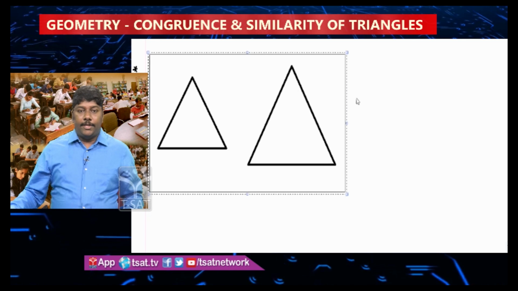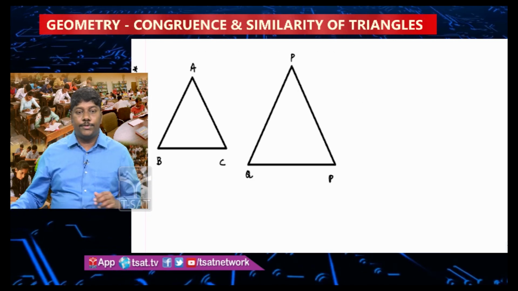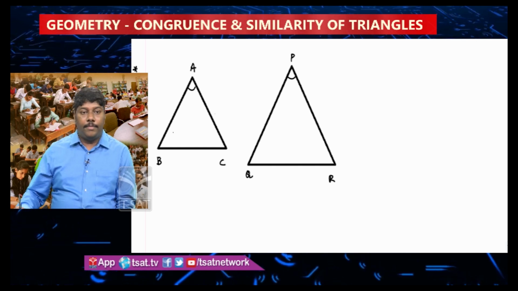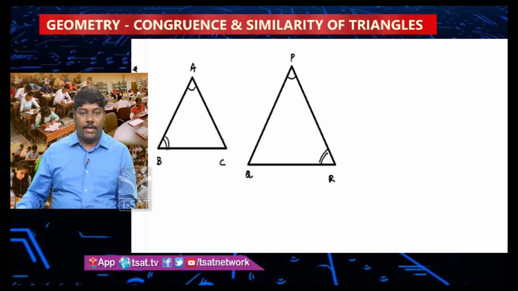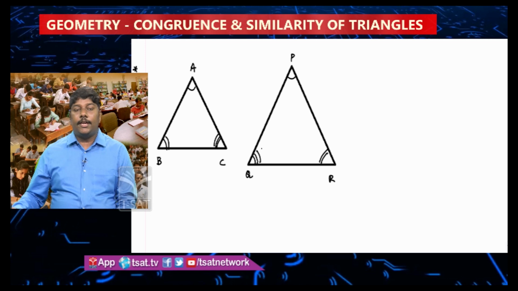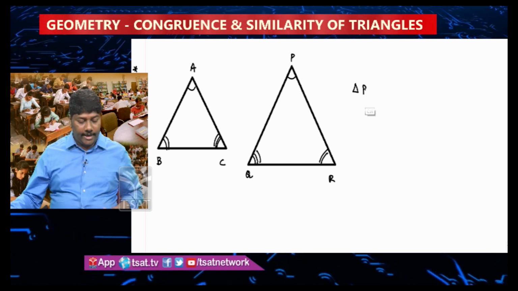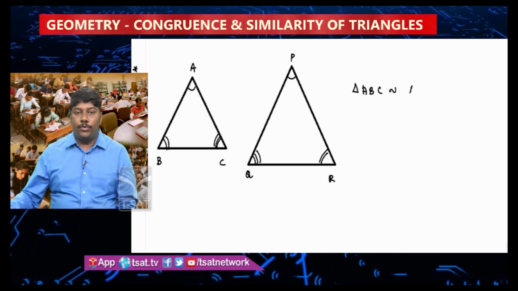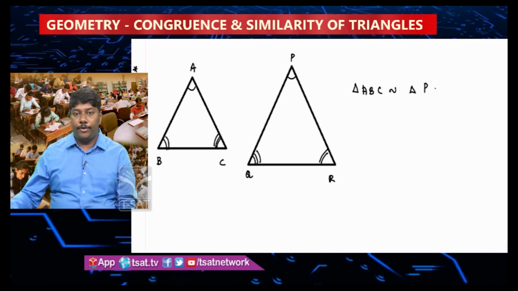I have taken two triangles, ABC and PQR. Suppose angle A is equal to angle P, but angle B is equal to angle R, and angle C is equal to angle Q. Here triangle ABC is not similar to PQR. In fact, triangle ABC is similar to what? A is the same as P, B is the same as R, therefore PRQ.